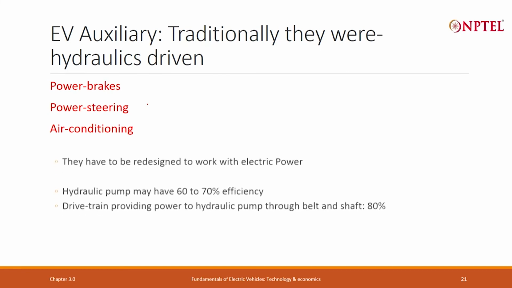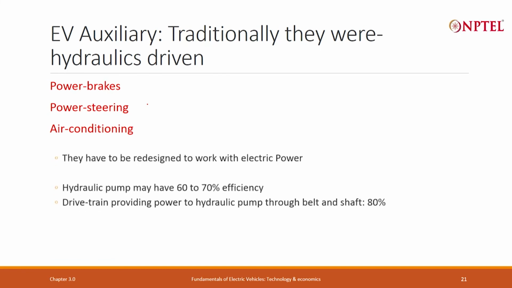Today, all of them have to be working on electric power. In fact, most of the current new vehicles already have that working on electrical, but in case there is not, our future EVs will not first create mechanical force and use hydraulics to control them. So, this has to be changed.